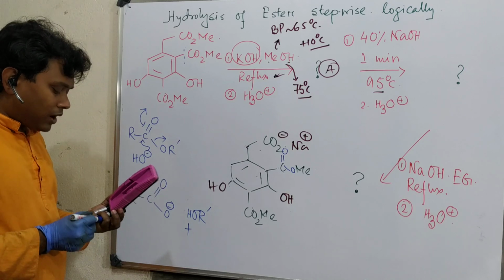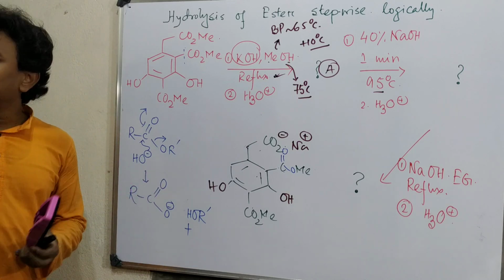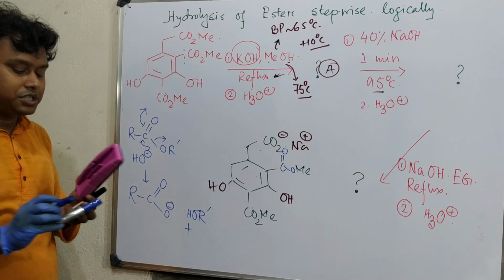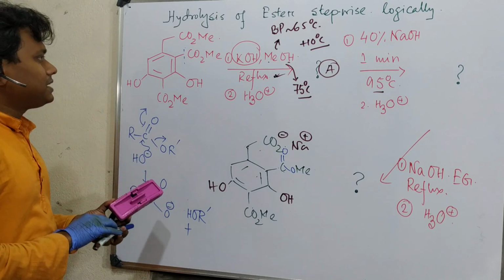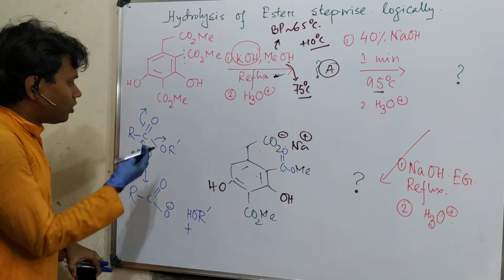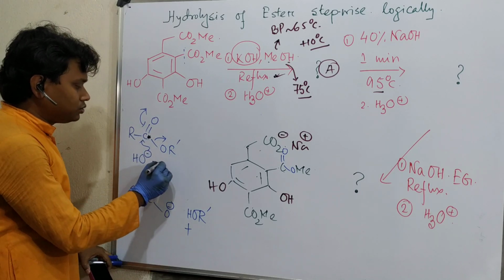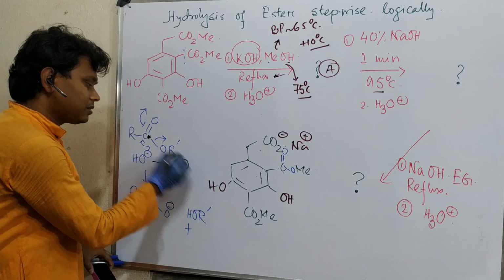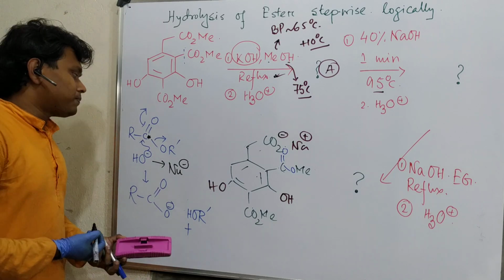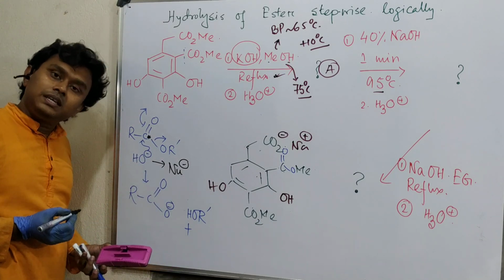Now, the message I want to give you by this example is that the reaction is initiated by nucleophilic attack on this carbonyl group. This factor is controlled by steric hindrance.